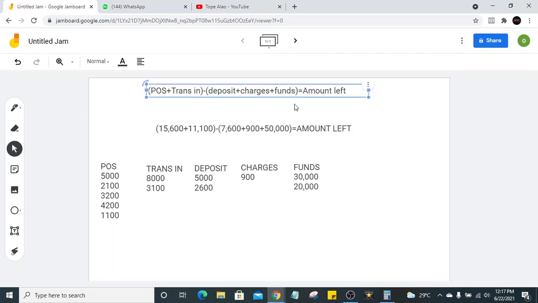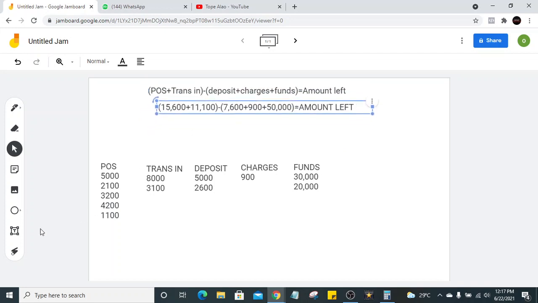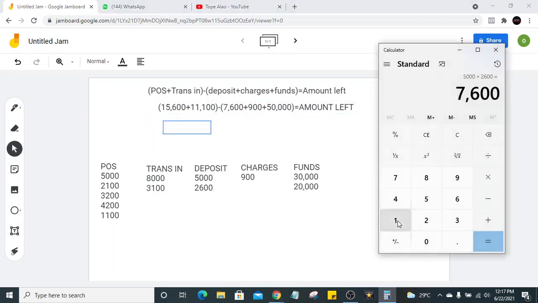So let's drag this up. Right, so let's do this. So 15,600, let's add the first two brackets together. Some of you watching this might be more advanced than this, but trust me, there are some people we need to explain to.